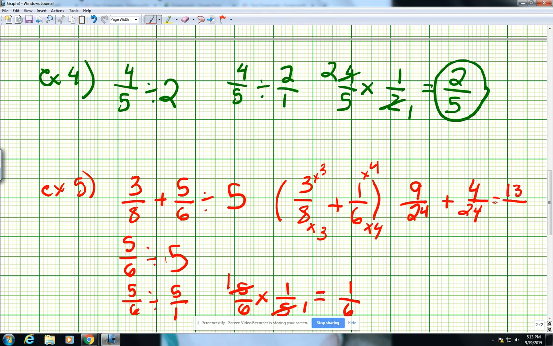And I keep the denominator the same. Now I have to ask myself, can this be simplified at all? And since 13 is a prime number and it cannot go into 24, we are finished. So after I do step 1, and then I do step 2, my final answer is 13 over 24.